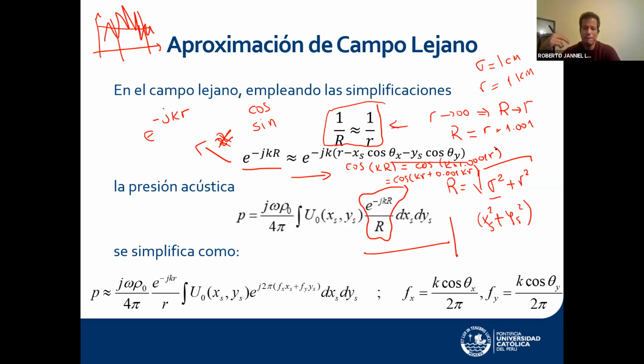And you can see that in the first example, making this approximation gave me an error in the function that I was evaluating, which was 1 over x or 1 over r, of 0.001 or 0.1%. But in this case, it would give me an error of 200%.